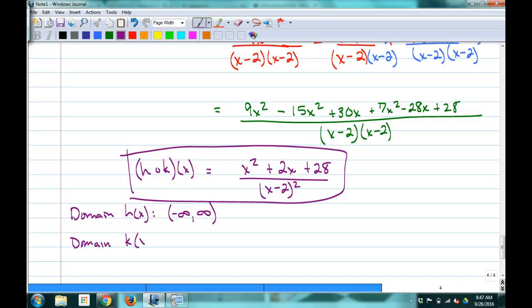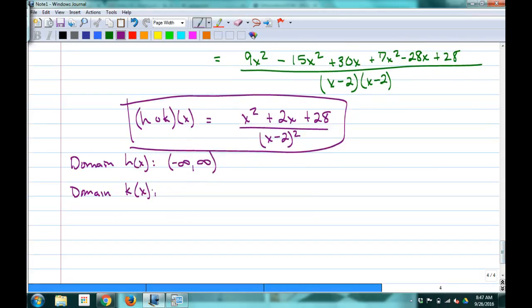Domain of k of x. Well, we had a denominator with an x in it. So x minus 2 equals 0. You know, x can't be 2. So there's a restriction on what we're plugging in with. And so that'd be from negative infinity to 2 union 2 to infinity.